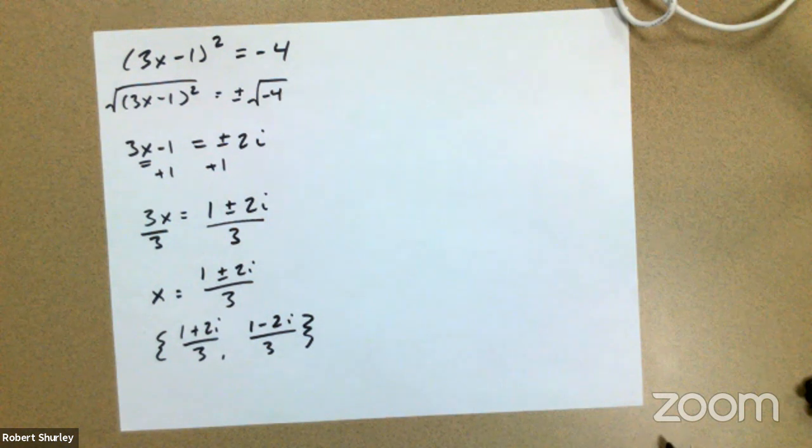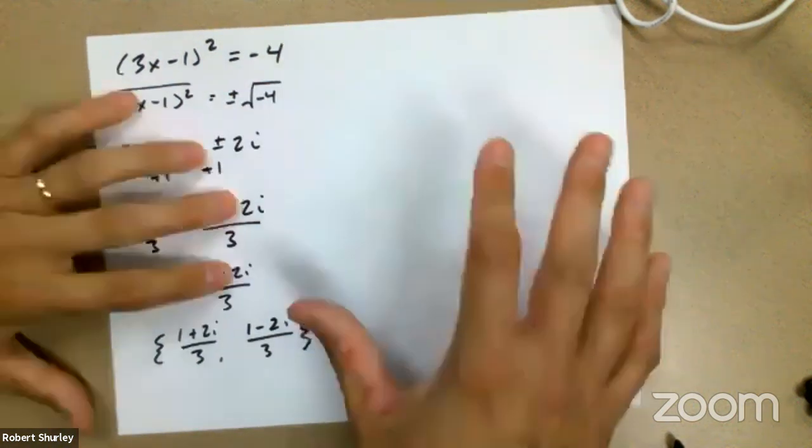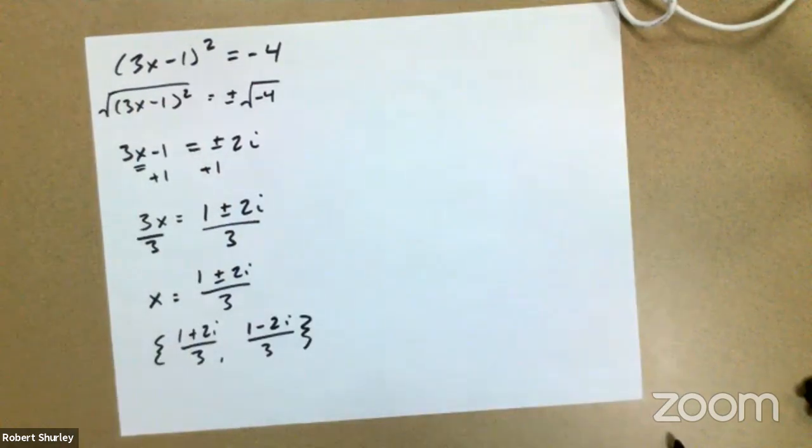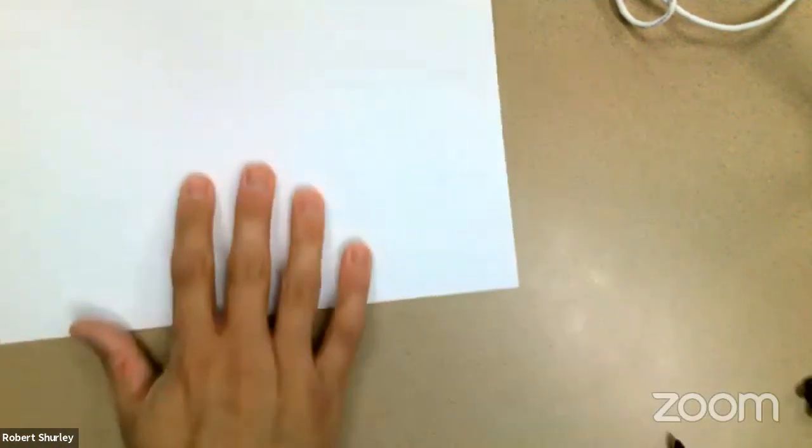Questions before we get to the actual completing the square? Are we good? So what happens is the second part of solving in completing the square, what we're about to do is just this. Our goal is to get it to look like this, and then we know what we're doing. Okay? So completing the square.